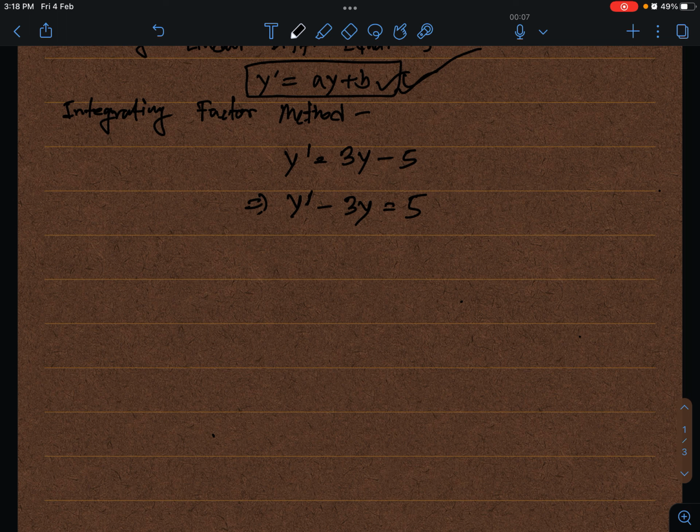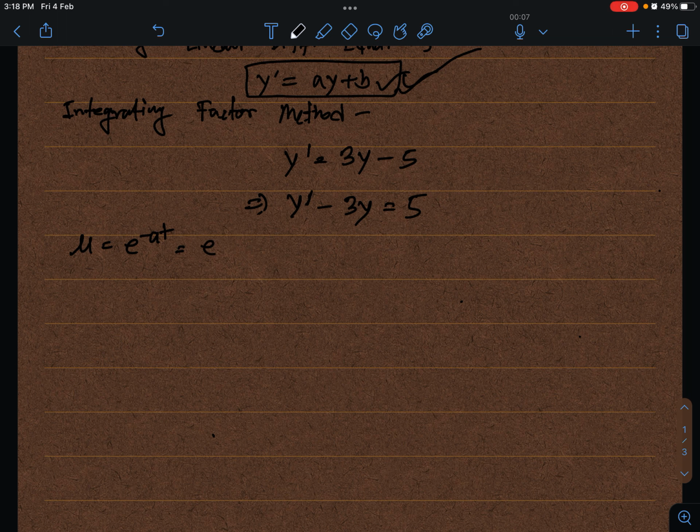From the previous derivation, we saw that the integrating factor mu is e to the power minus at. As I said, the previous derivation was a theorem, so you can use the theorem to solve this problem, or you can derive it from the very beginning. It's your choice.